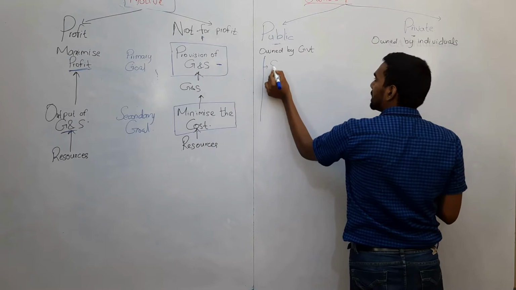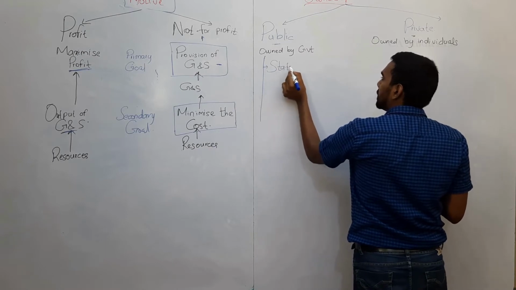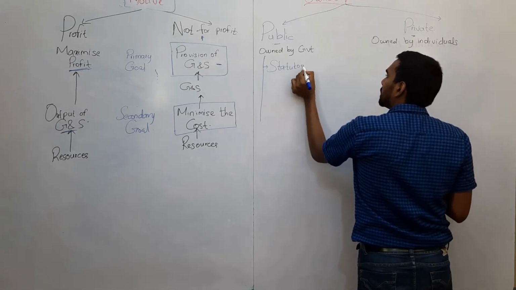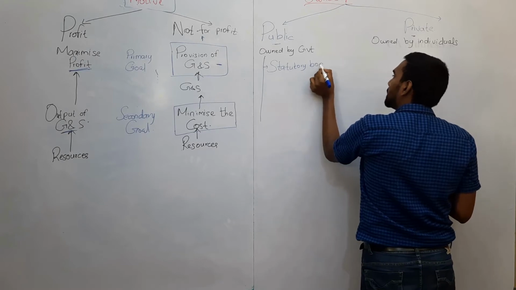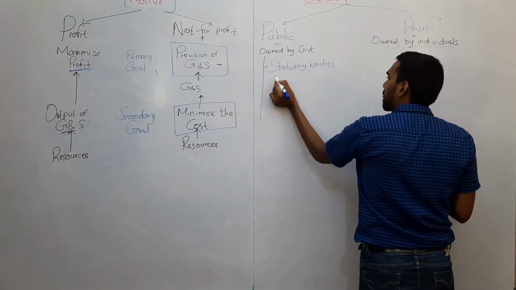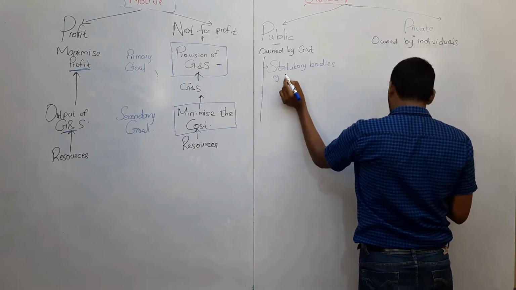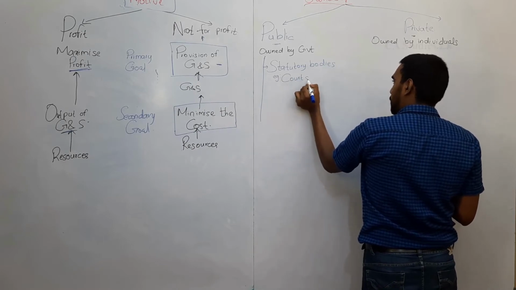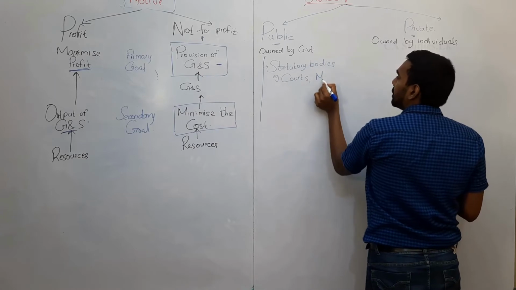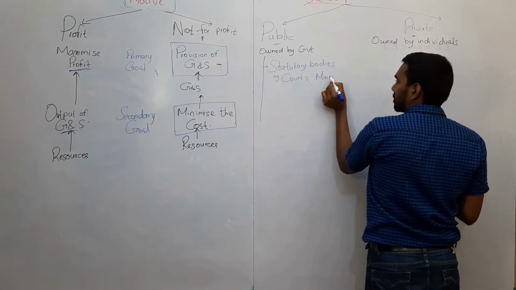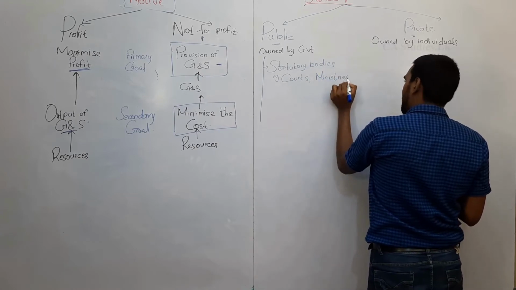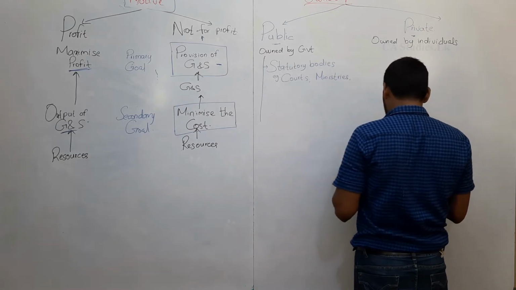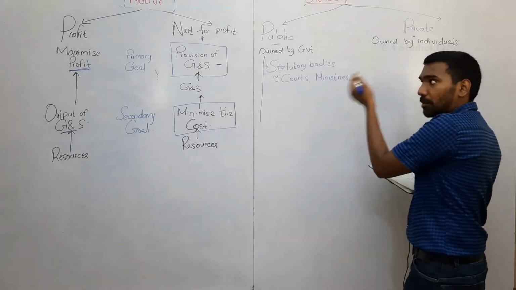So one is statutory bodies. Examples of this could be courts, the Supreme Court, High Court, ministries, the education ministry or whatever ministry, right? So that is number one.